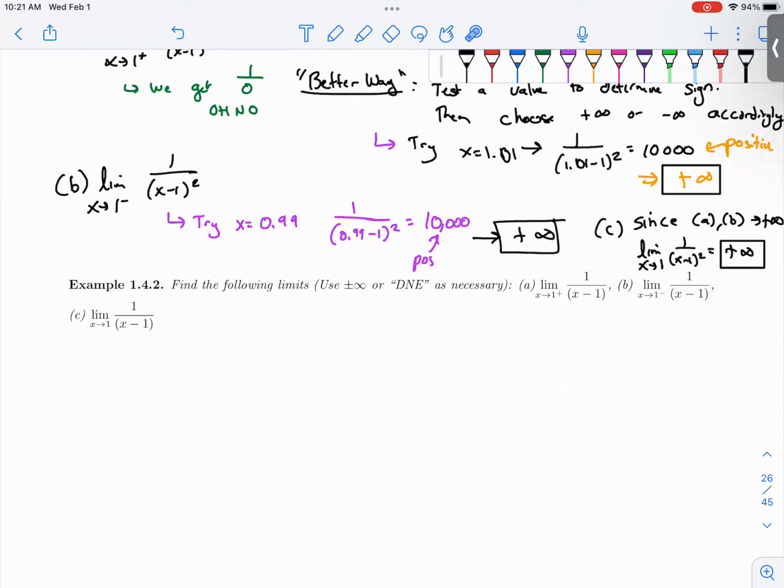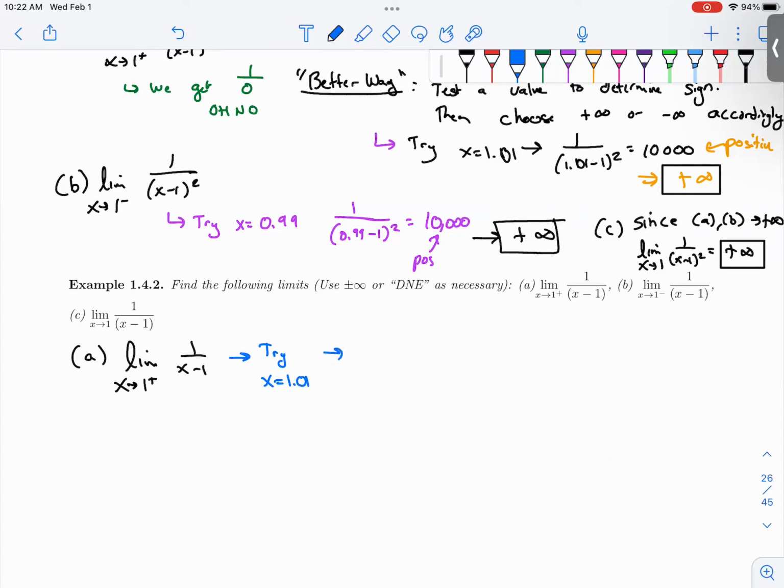Now it's going to be less space. So A, the limit as x approaches 1 from the right of 1 over x minus 1. You'll try plugging in 1. You'll see that you get 1 over 0. So we're going to try x equals 1.01.